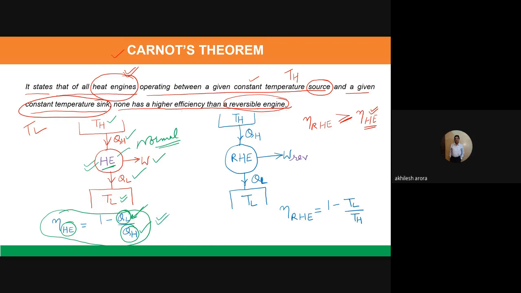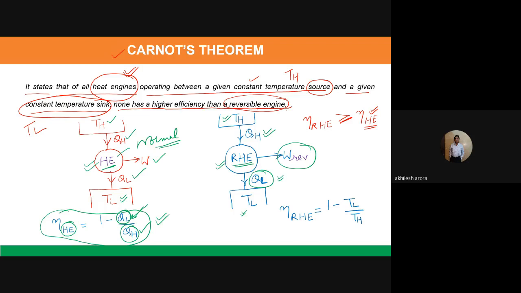Now, when we talk about a reversible heat engine, I am considering the same heat which is being transferred from the high temperature reservoir. It is going to the reversible heat engine, and then we are getting this W reversible, and this heat engine is rejecting QL amount of heat to the low temperature.